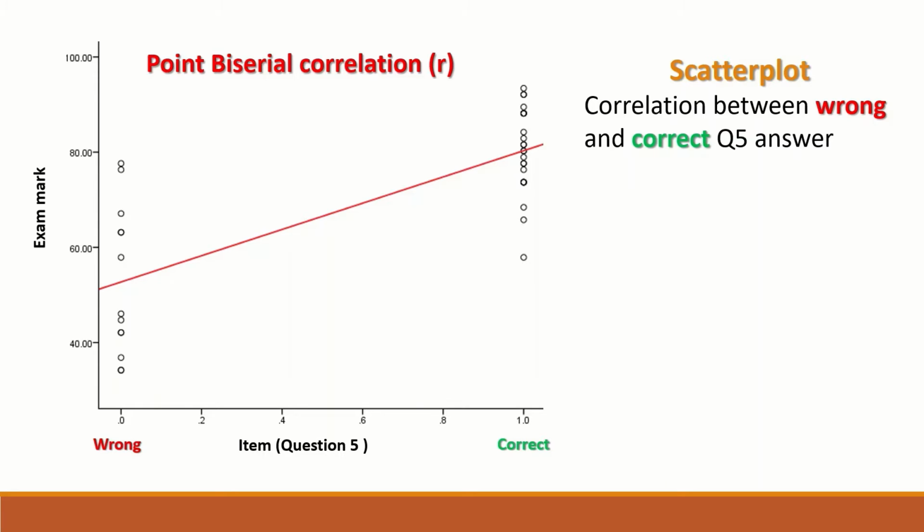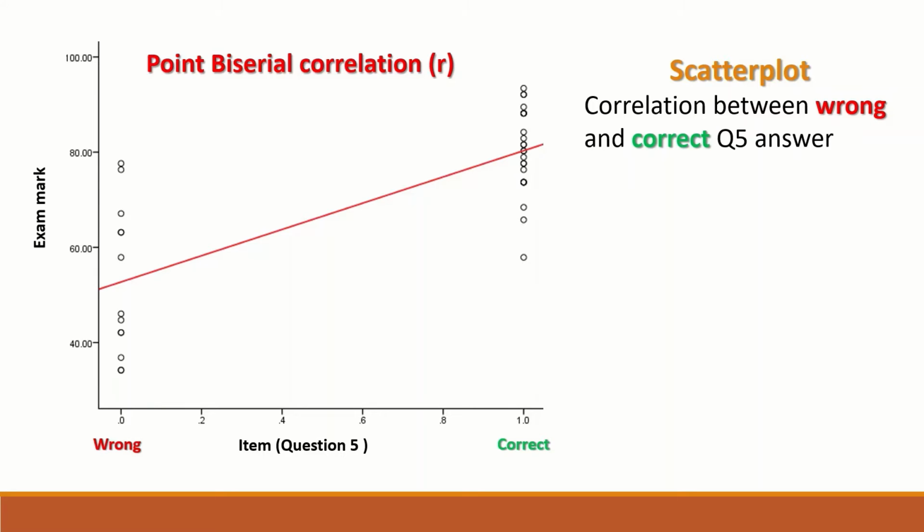As we can see here, most of the students who answered item number 5 correctly tend to have a higher overall exam mark compared to those who answered question number 5 wrongly, who tend to have a lower total score or total mark.